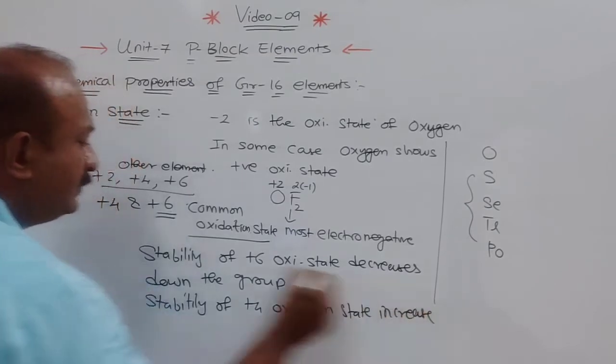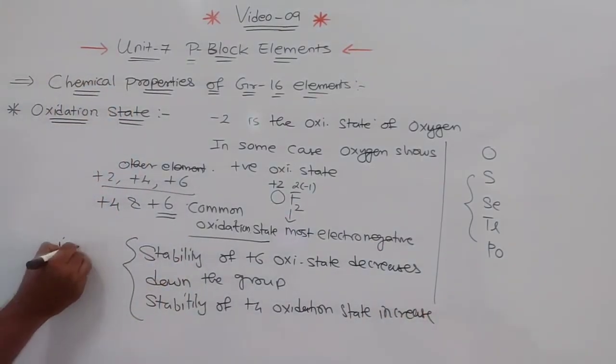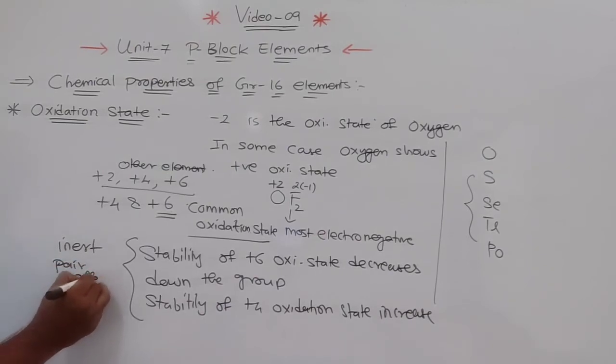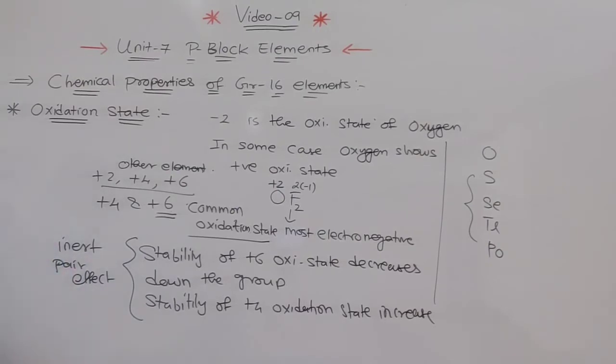This is due to the inert pair effect. What is the reason? Inert pair effect. Or if you have heard about it in your lower classes, what is the inert pair effect? You can see here.